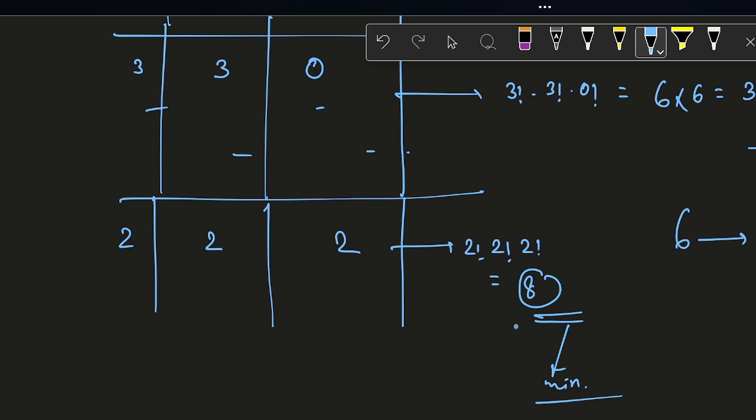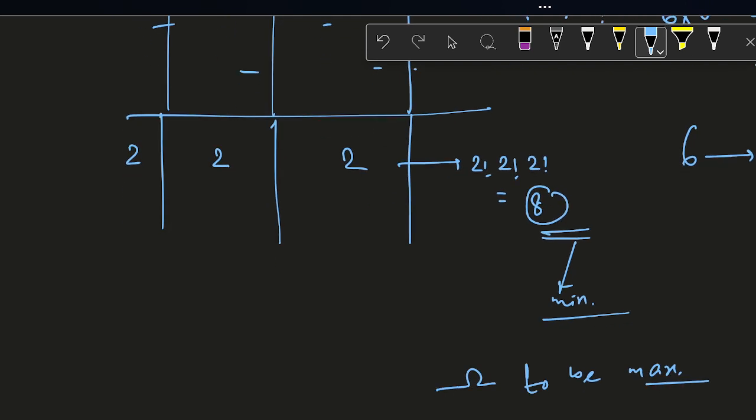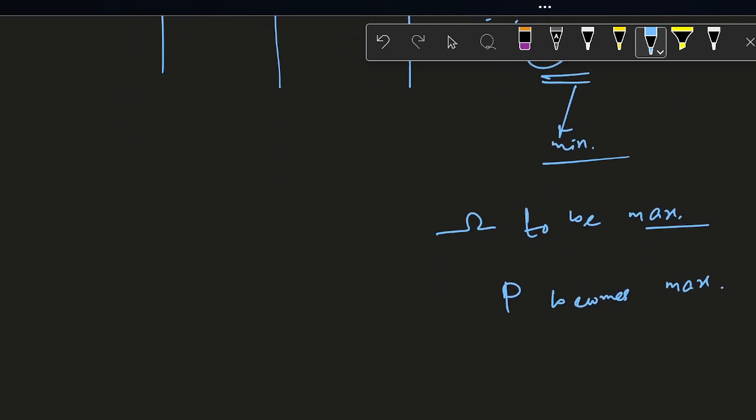So if n1 factorial times n2 factorial times n3 factorial is minimum, then it makes omega maximum. That means the probability becomes maximum when the arrangement is like 2, 2 and 2 for the 3 levels.